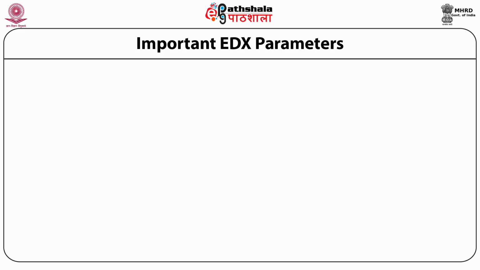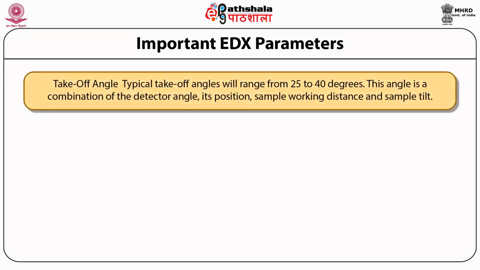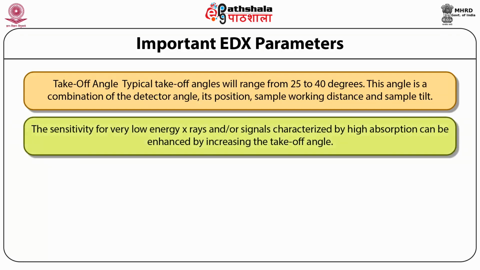The third parameter is takeoff angle. Typically, takeoff angles will range from 25 to 40 degrees. This angle is a combination of the detector angle, its position, sample working distance, and the sample tilt. The sensitivity for low energy X-ray signals characterized by high absorption can be enhanced by increasing the takeoff angle.